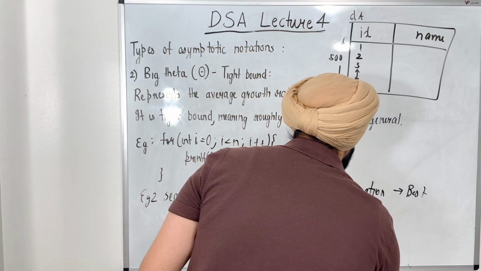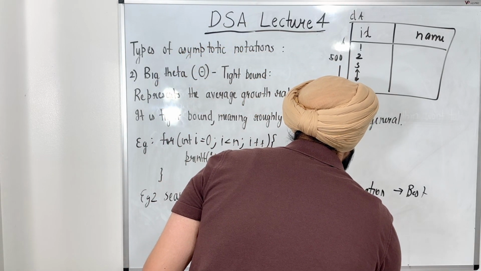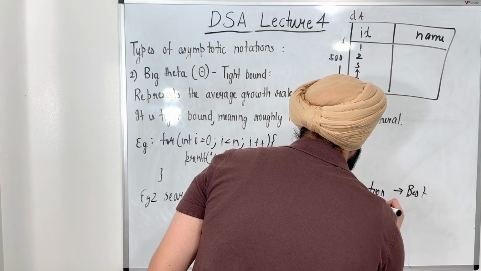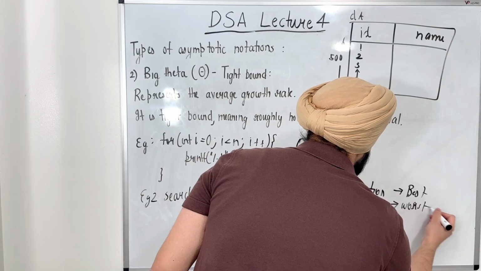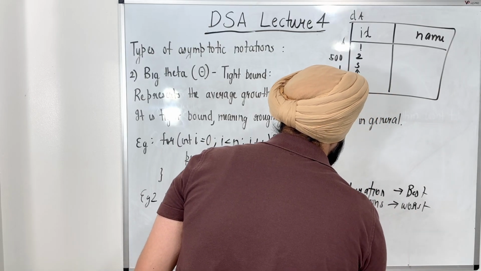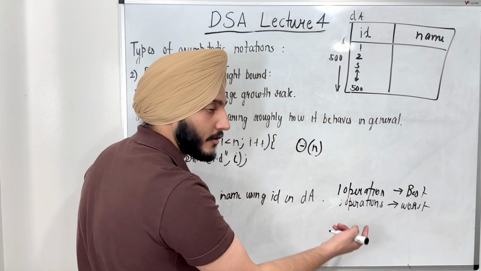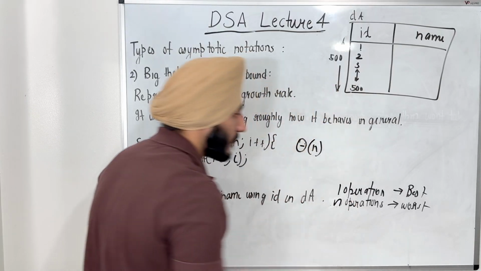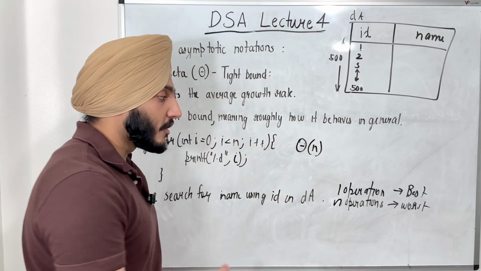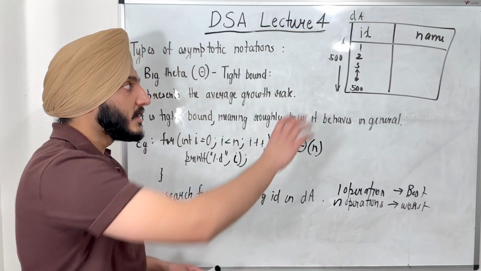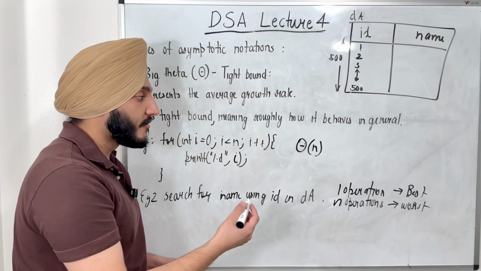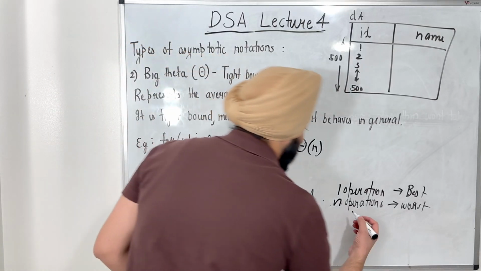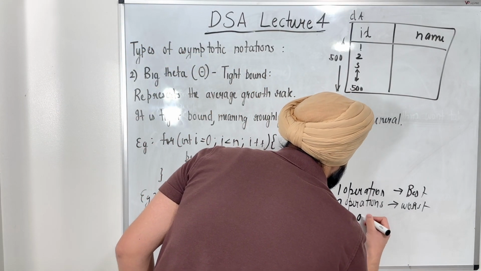The worst would be 500 operations, or I can just say n operations. That would be the worst. But what is the average? If you take the average of 500, that would be 500 divided by 2, so I can say maybe n by 2 operations.